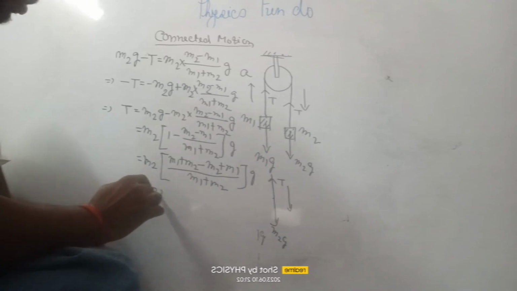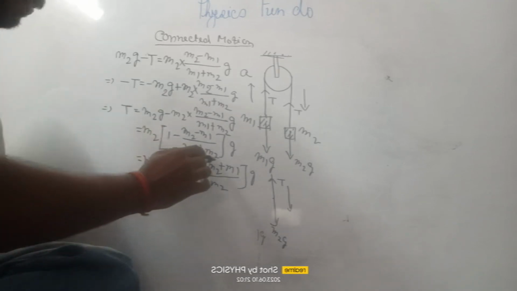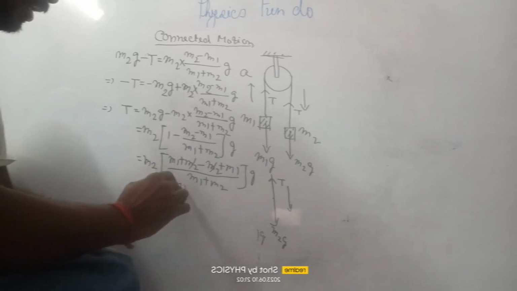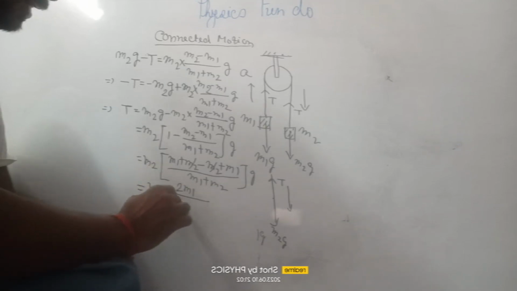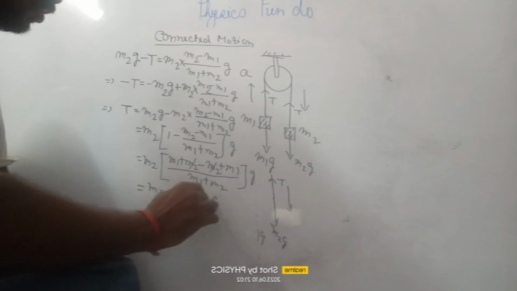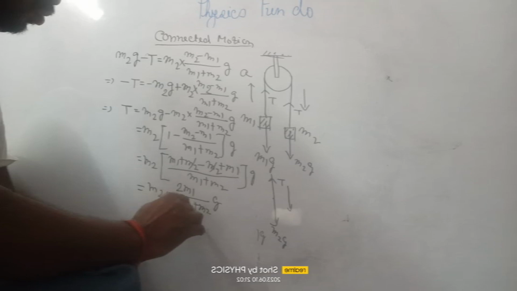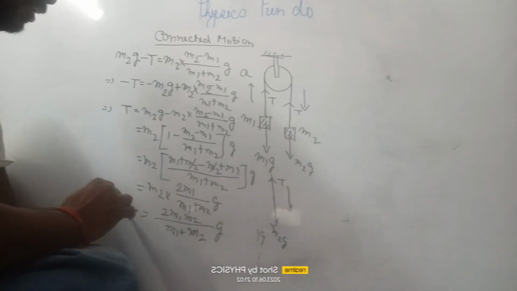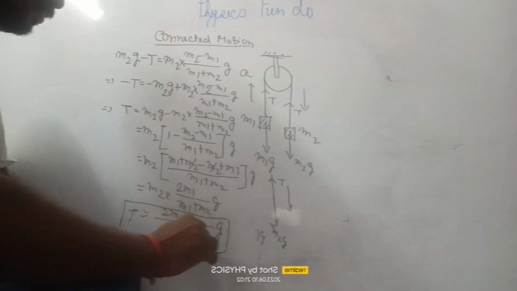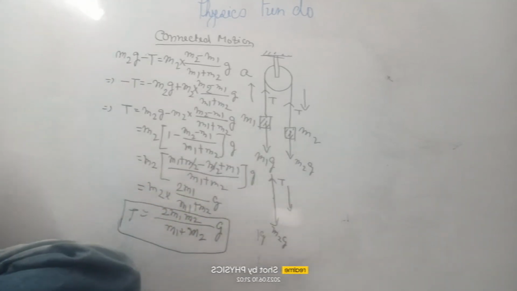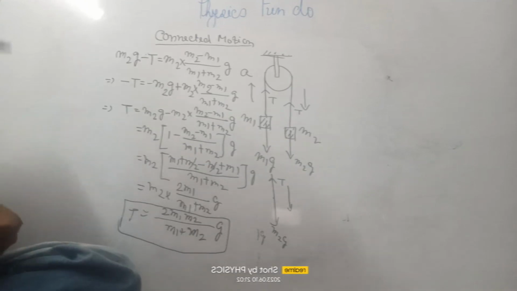That is equal to m2 into, m2 will be cancelled. There should be m2 m1 by (m1 plus m2) into g. That is equal to 2 m1 m2 by (m1 plus m2) into g. T is equal to that, the expression of the tension of the pulley.